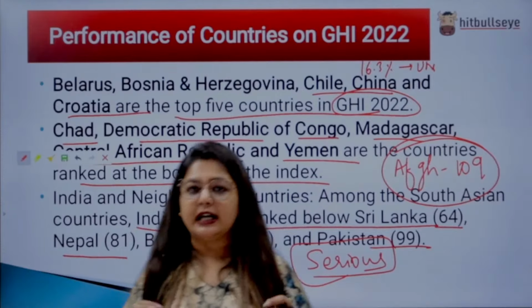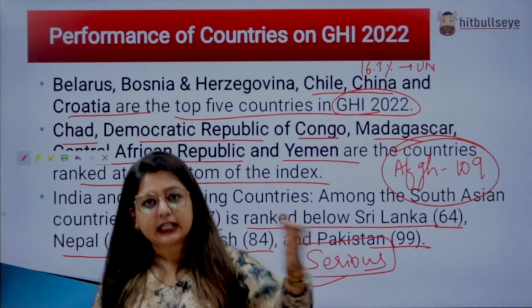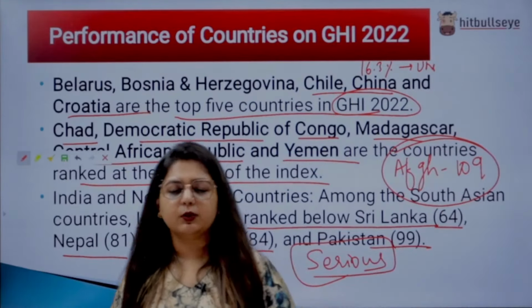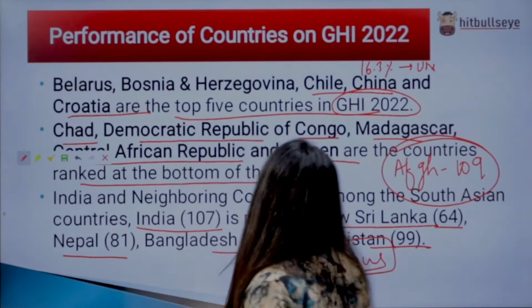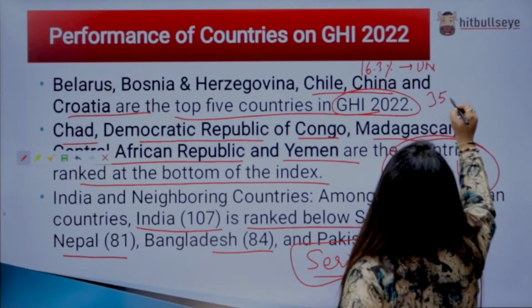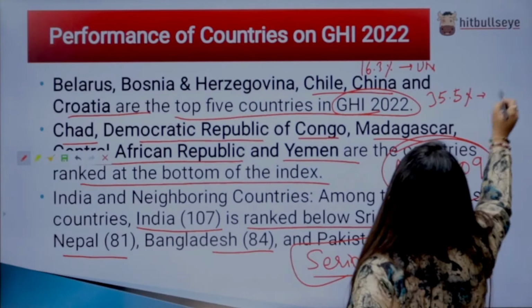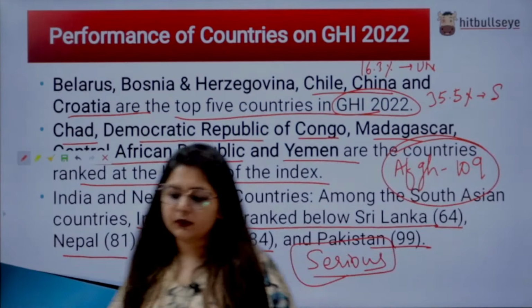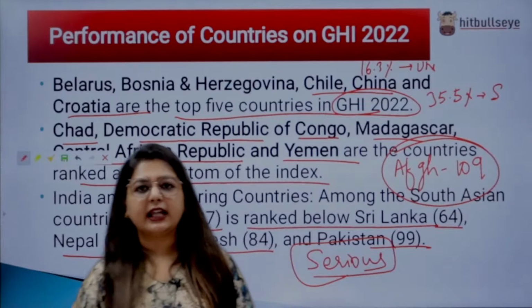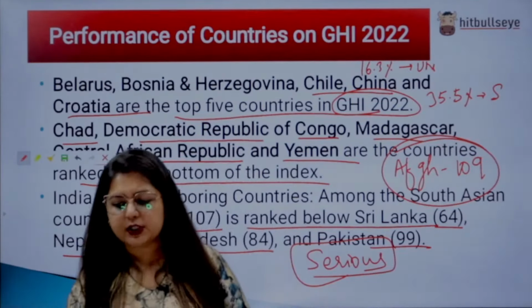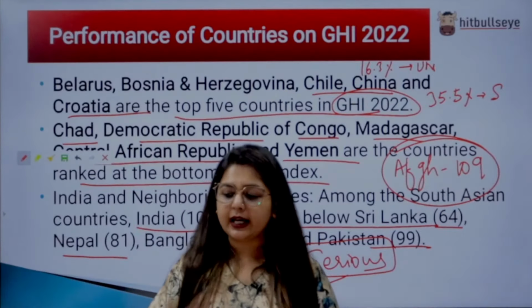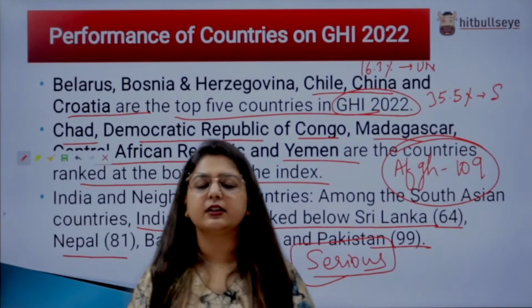So in India, child stunting has definitely declined from before. It has declined to 35.5%. And speaking of child mortality, child mortality is the death of a child under the age of 5, the mortality rate under the age of 5.